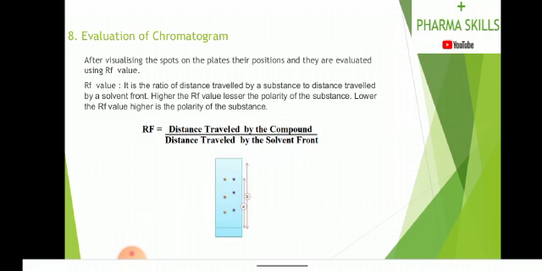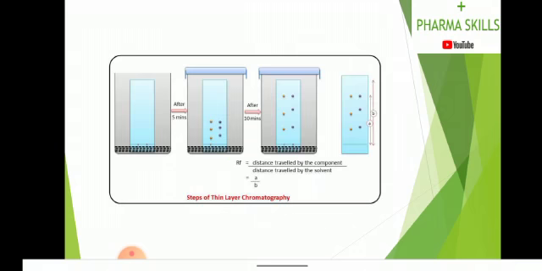See how the solvent is traveling and how the compound has traveled. Different compounds will have different RF values, so according to them they travel, and we can determine the compound here. These are the step by step procedures: first we take the origin and spot the compounds.